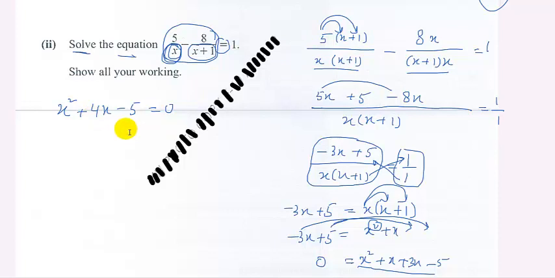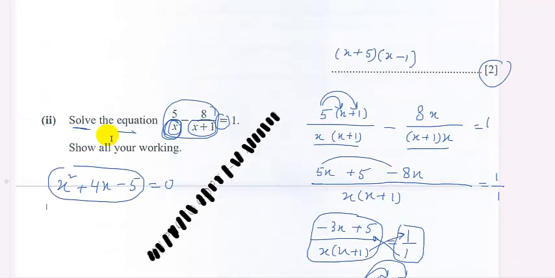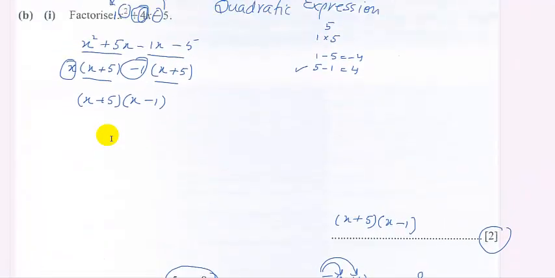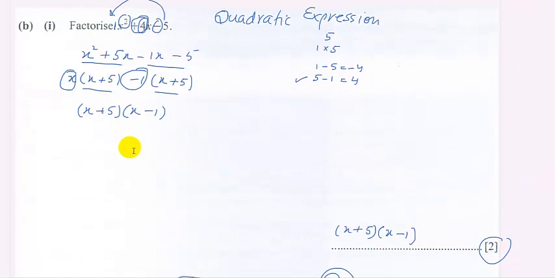Student, always be careful, be vigilant. If you compare the left side of this quadratic equation with the last part of the previous question, here you can observe x square is exactly the same.